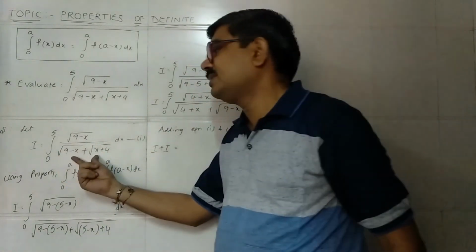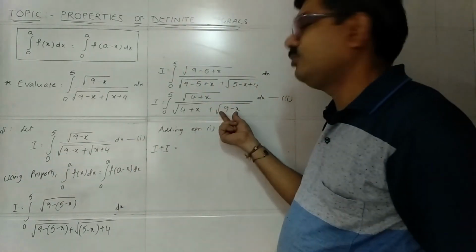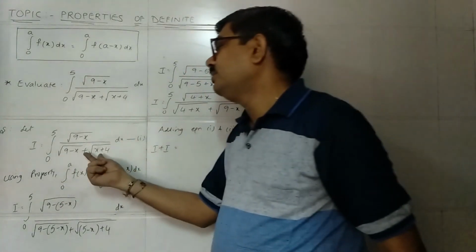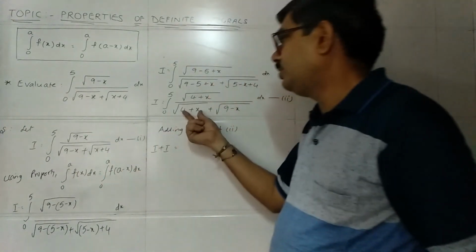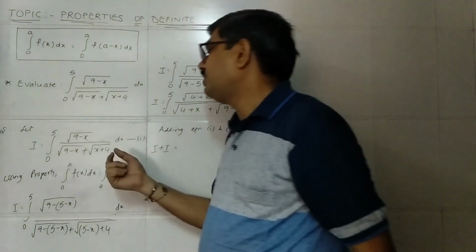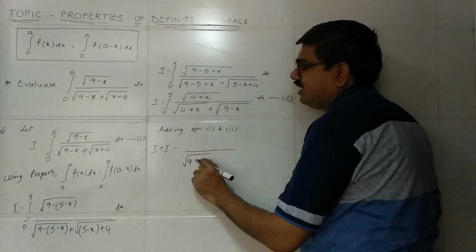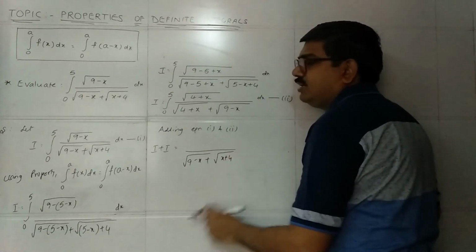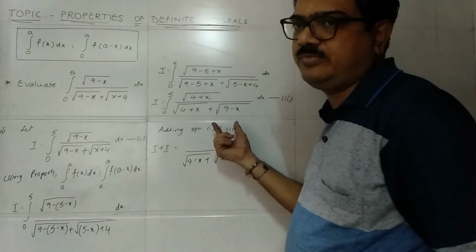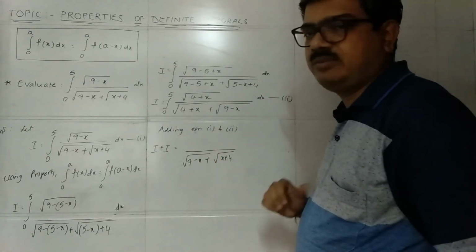Both the denominators are the same. Your first term is root of 9 minus x, and here also root of 9 minus x is present, plus root of 4 plus x. So the denominator will be the same: square root of 9 minus x plus square root of x plus 4. When you add fractions with the same denominator, you get the same denominator.